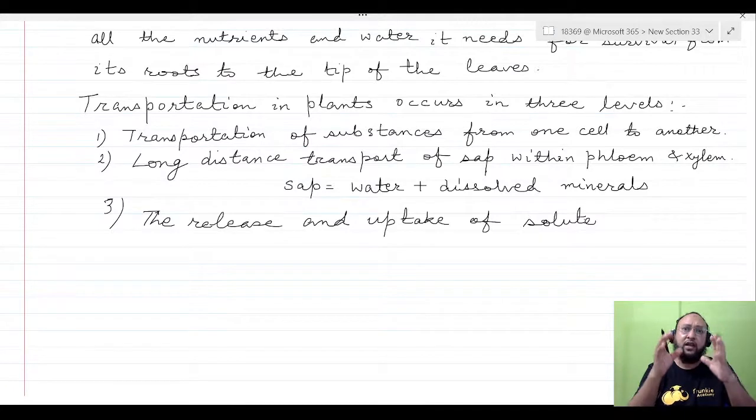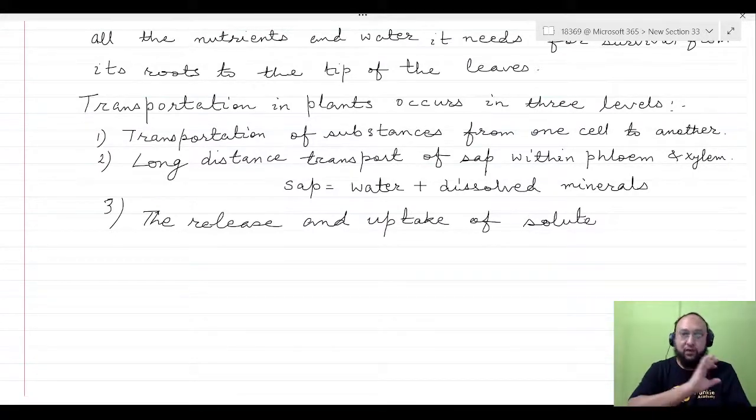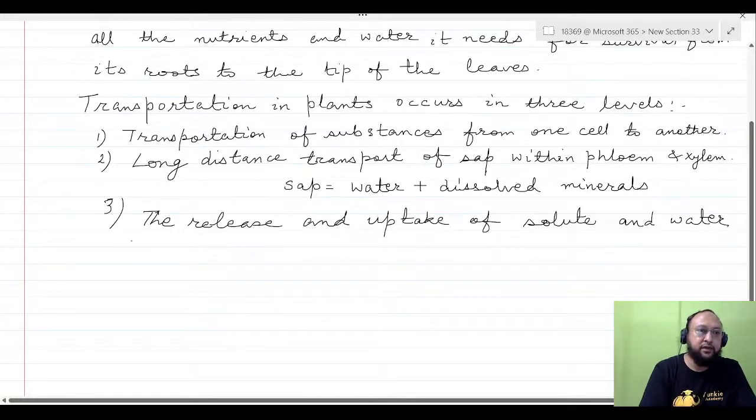So if you listen carefully and try to understand each and every point, it will make your concept very clear, and nothing will be left from the NCERT, and it will be very easy to answer any question asked on these topics.